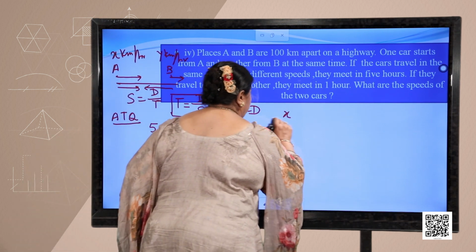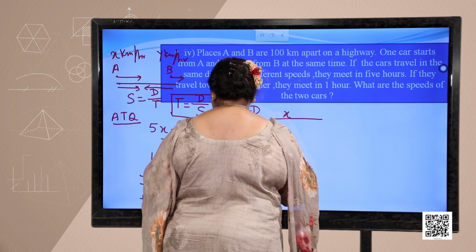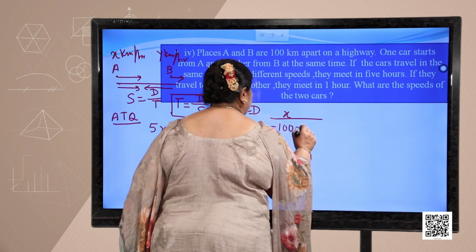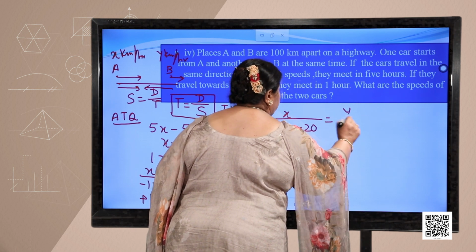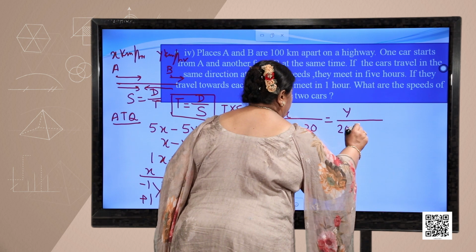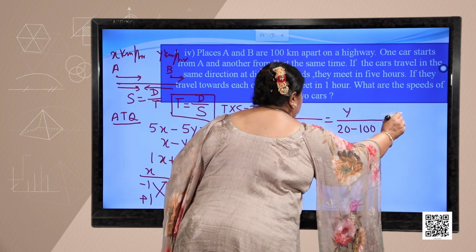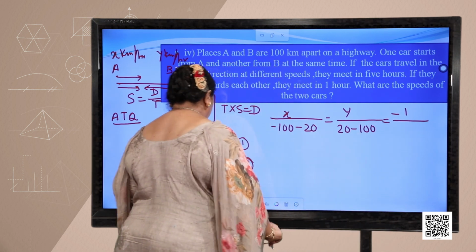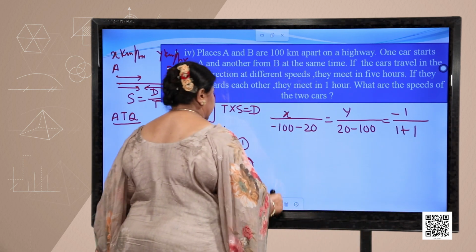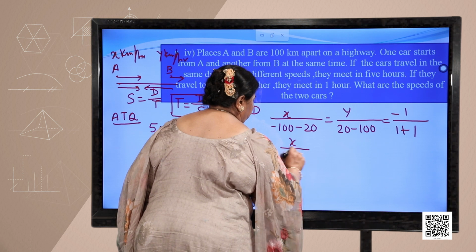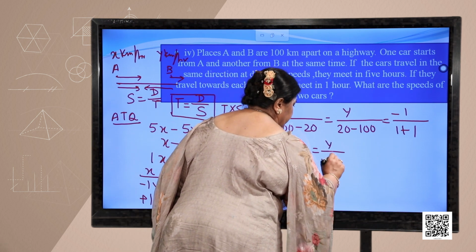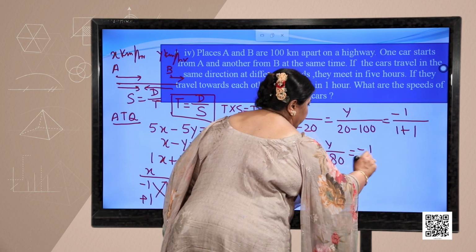So, we obtain x upon minus 1 into 100 is minus 100, minus 20, is equal to, it is 20 minus 100, is equal to minus 1 upon 1 minus minus plus. So, I get x upon minus 120, y upon minus 80, is equal to minus 1 upon minus 2.